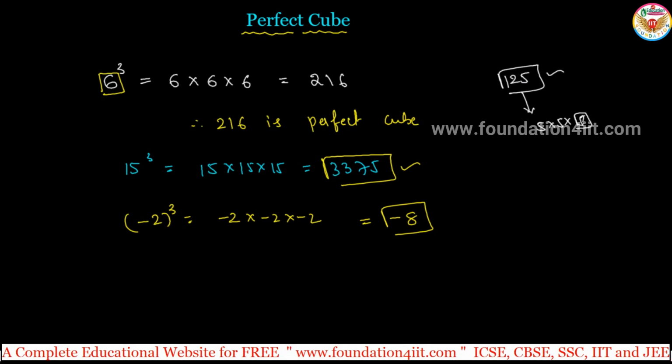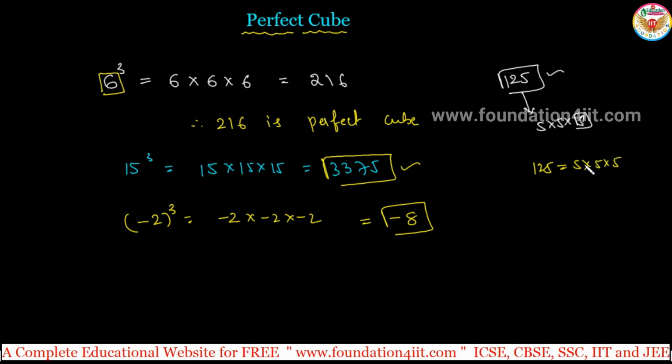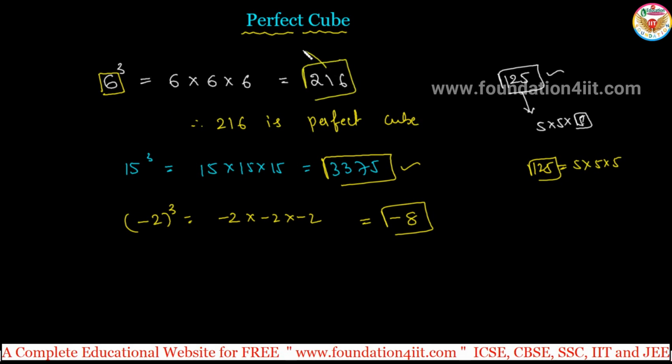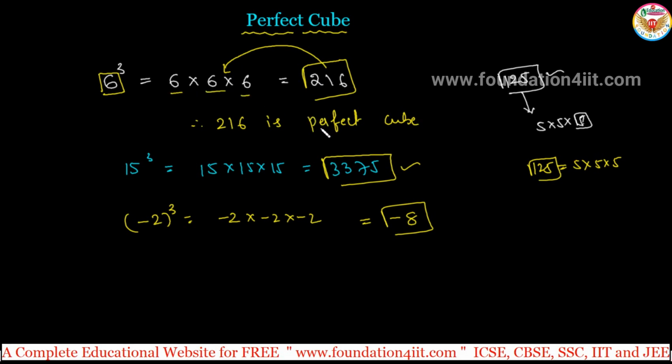So 125 is a perfect cube because I can write 125 as a product of three numbers, triplets of equal factors. Reverse it, same, simple. The cube of a number is a perfect cube. Indirectly, that perfect cube we can express as triplets of the same factors. So this is the perfect cube concept.